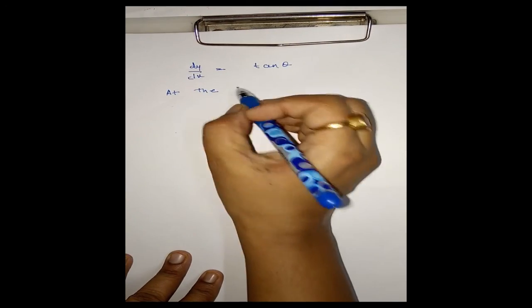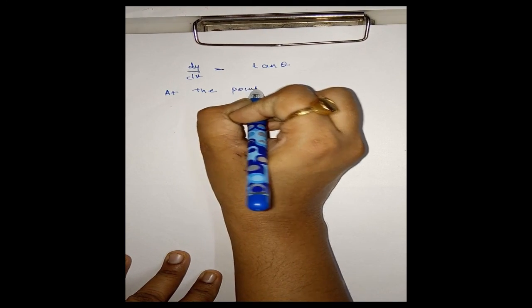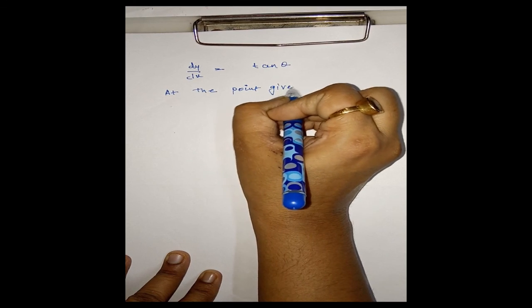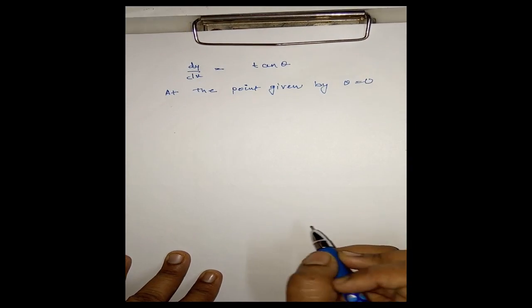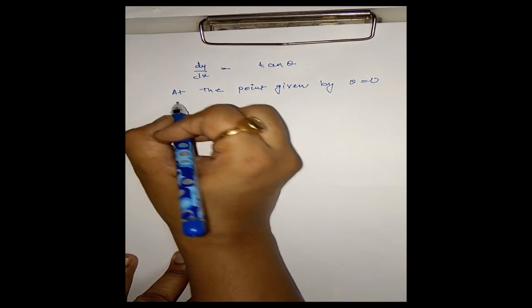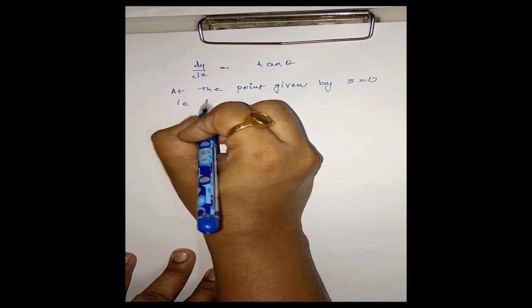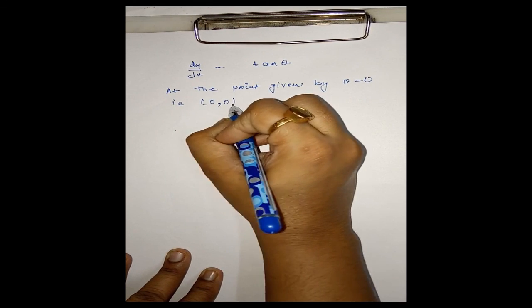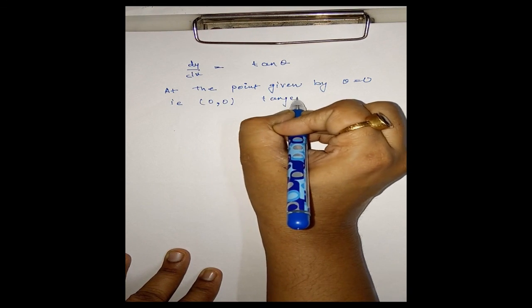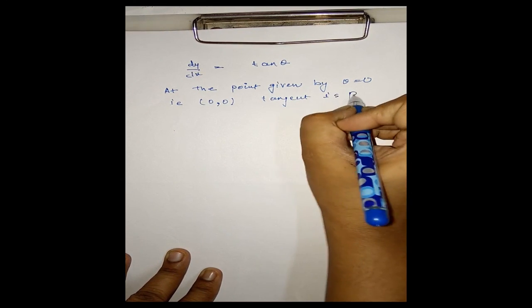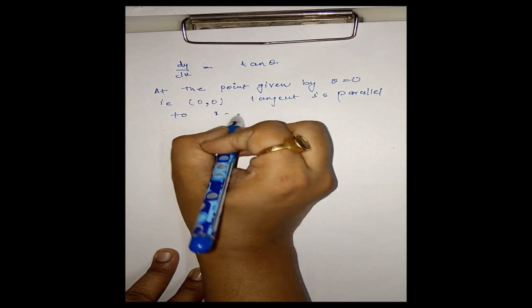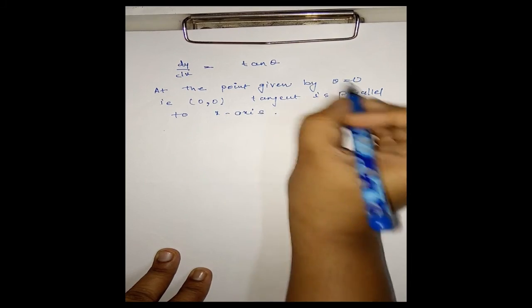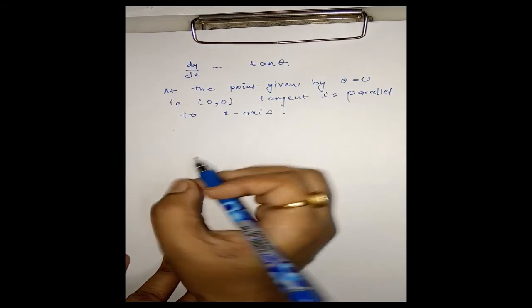Now at the point given by theta equal to 0, that is (0, 0), the tangent is parallel to the x-axis, since dy by dx tends to 0 when theta is equal to 0.